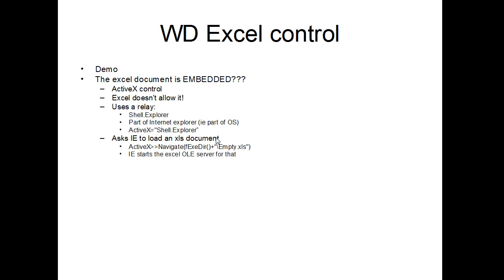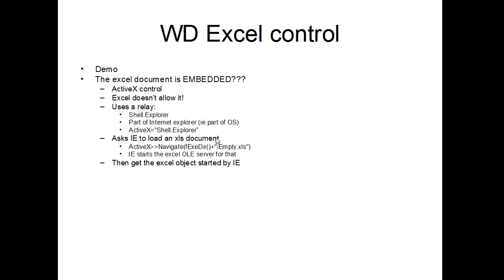In order to display the XLS file, IE is going to start the Excel server to do that. And that's where the problem resides, because by default Excel is going to load your document inside an external sheet. So if you want to have it inside, there is a trick, and we'll reach that point very soon.